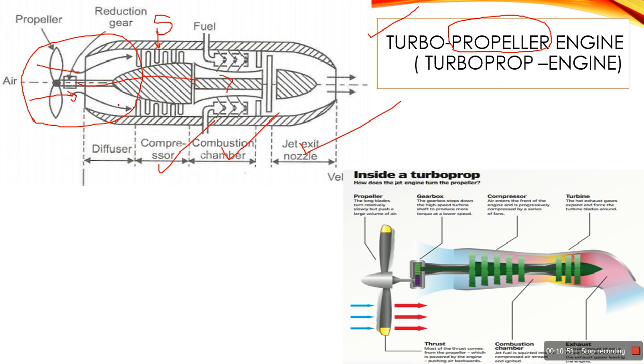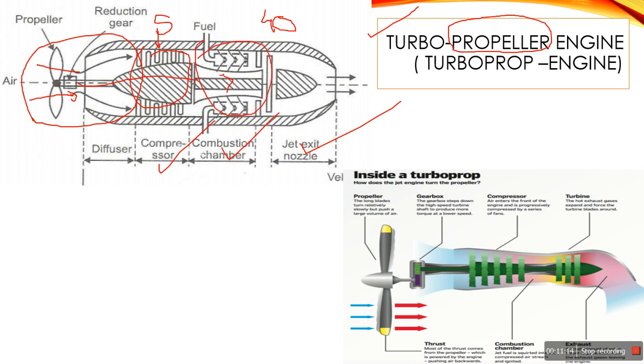Further, the air goes into the compressor, where the pressure is increased up to 40 bar. In a turbojet engine, it is only 4 bar. But in the compressor of the turbopropeller, the pressure rises much higher. That high-pressure air is then supplied to the combustion chamber.